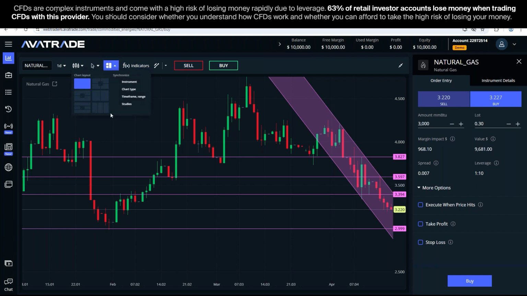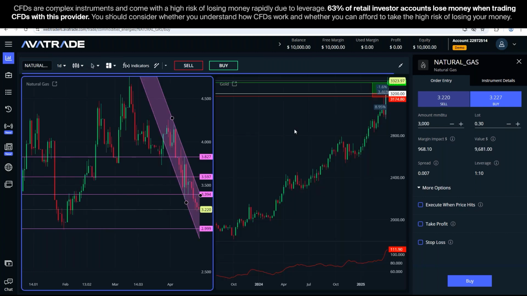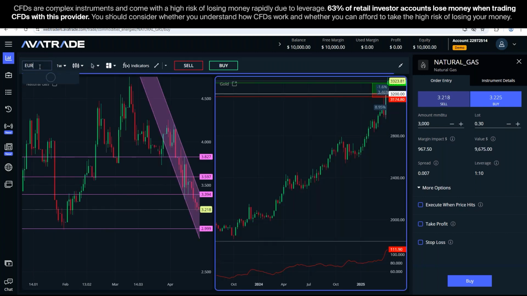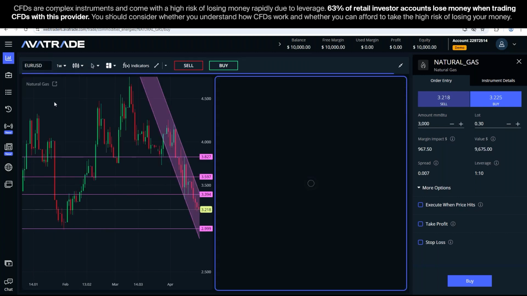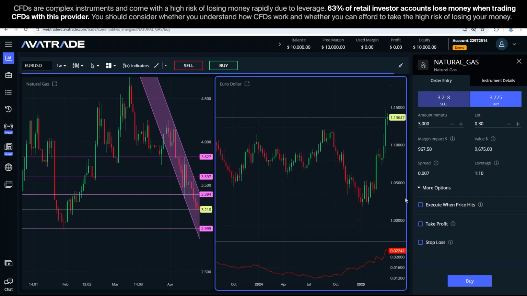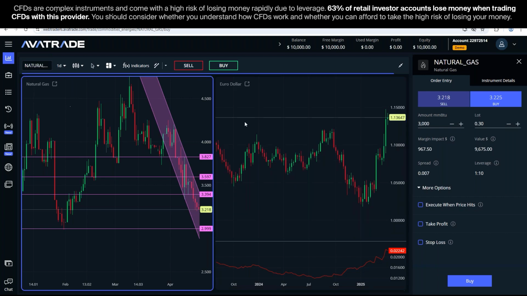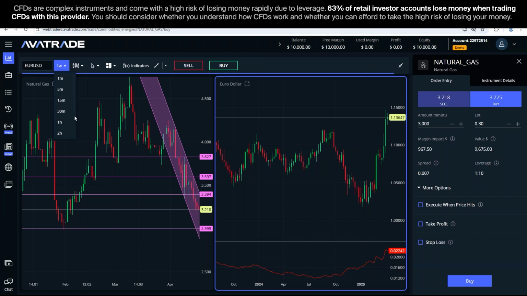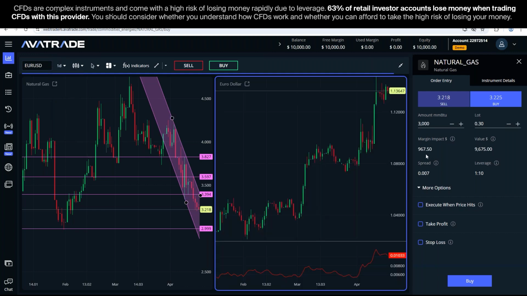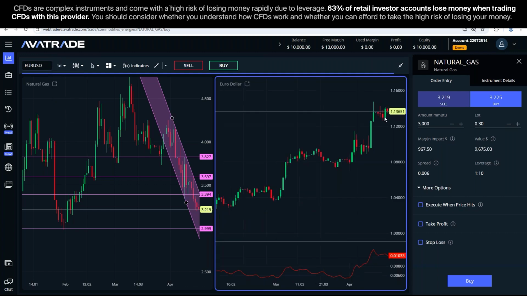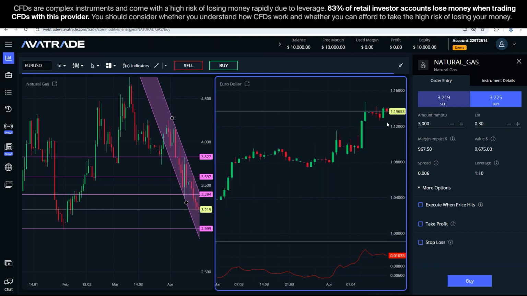What we saw with Euro USD, I'm going to compare. So let's change it to days. Let's suppose we're looking at this.